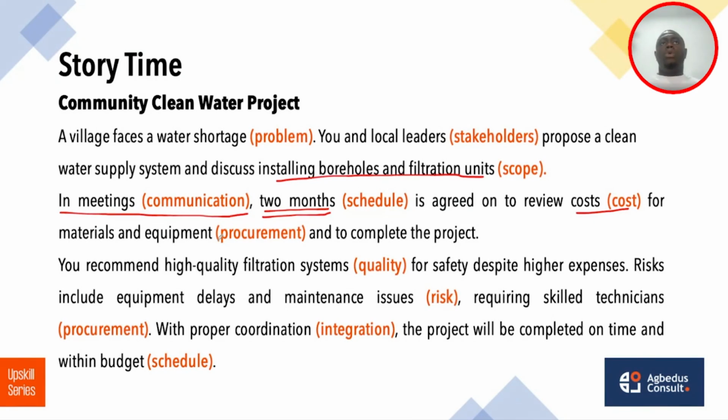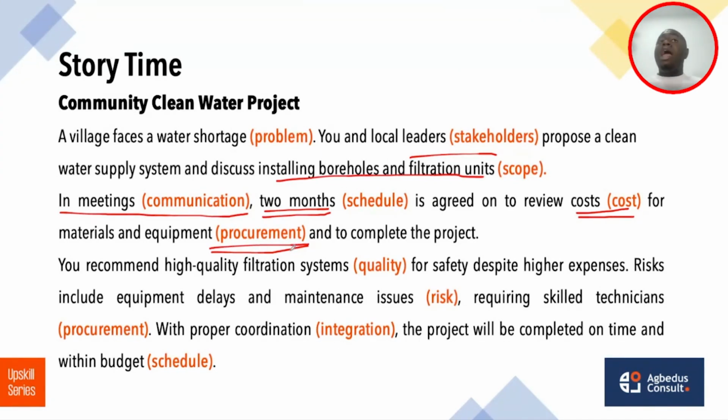You can also see that there's a procurement aspect of it. When they said they wanted to use filtering units, I don't think the local leaders actually produce them. And even if they do, they have to procure certain parts of it before they can use it. So procurement is also part of a project.